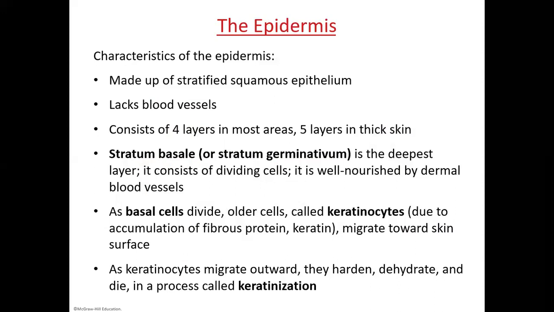And they become harder and harder and flatter as the cells travel upwards through these layers. So a single cell, if you follow it, does start in the stratum basale, and then it moves its way upwards through these 4 or 5 layers if it's on the hands or the feet.